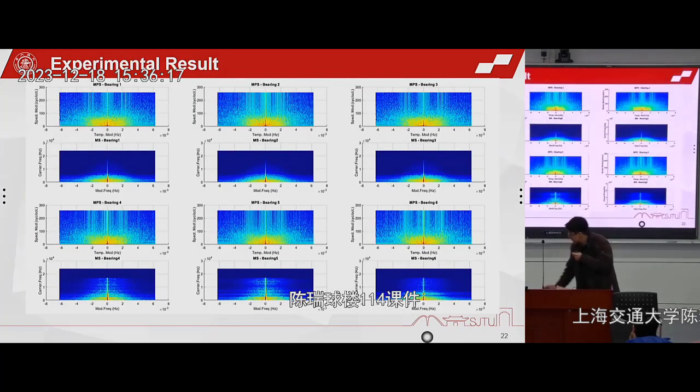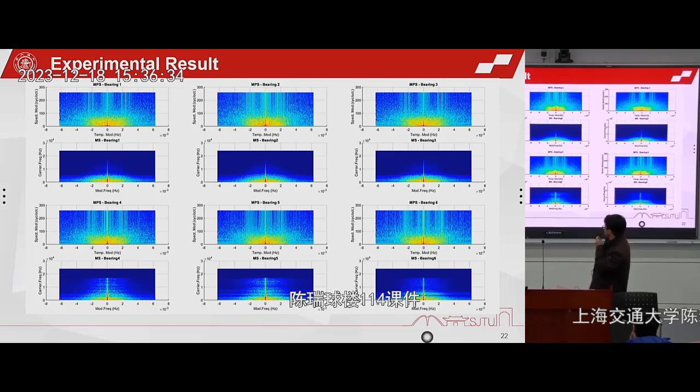Before this slide, my friends talked about the two newest algorithms, AMS and PMS. Both of them are visualization results of signals.